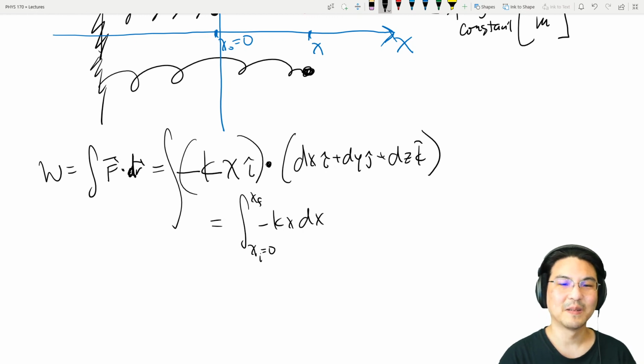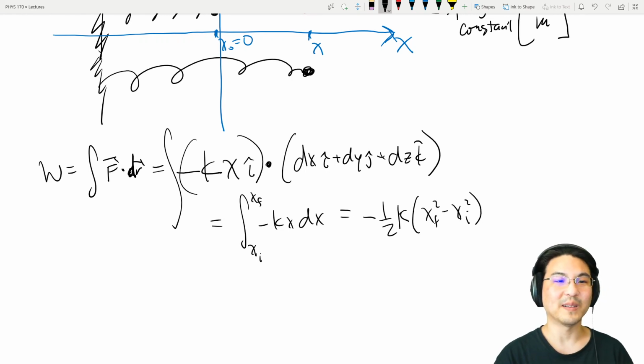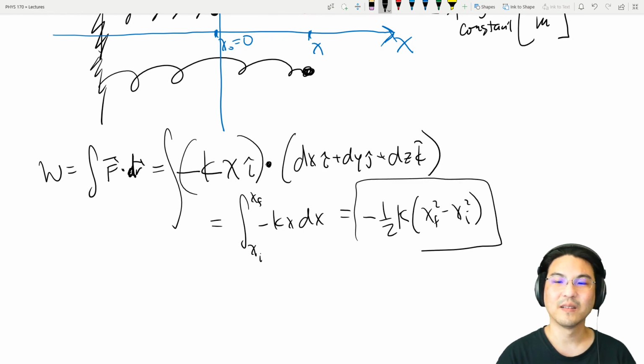Right? Then the work by a spring is, we just integrate this, minus x squared over 2. I'll just leave it like this. Minus k x squared over 2. Okay, so this is the work by a spring in joules, right?